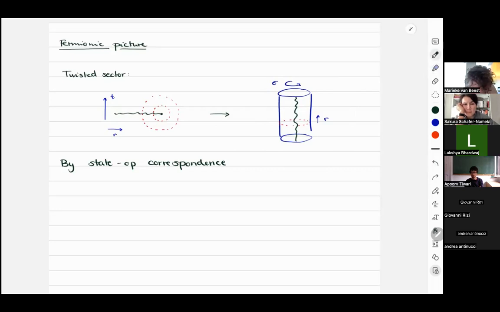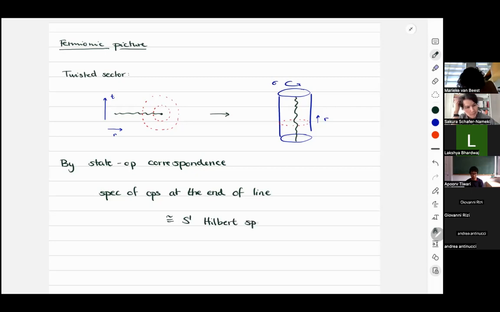Okay, so we have a spectrum of operators at the end of the line is isomorphic to the S1 Hilbert space twisted by the line.